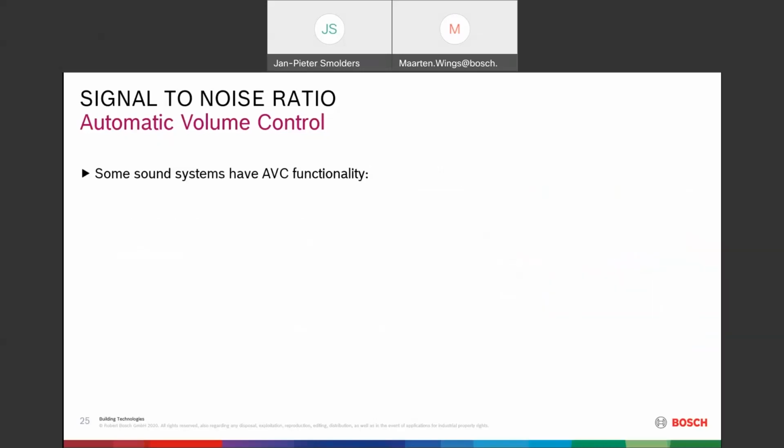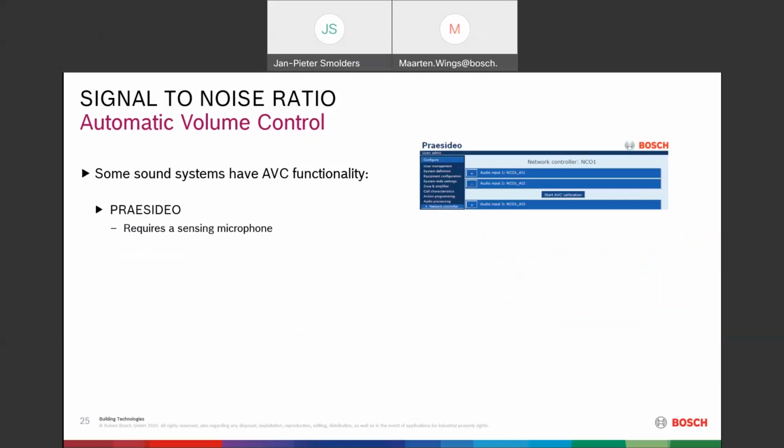Now, some of the systems have this AVC functionality inside, like for instance, Presidio. You can use AVC, but you will need a sensing microphone. That means that you need a microphone that is actually at the location where you do the measurement. So you have to install a sensor microphone in order to measure the noise level.